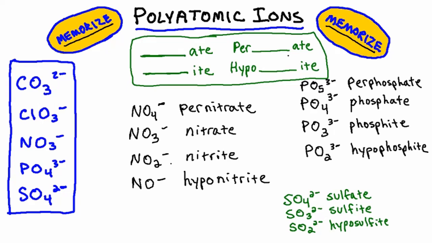Or what if we wanted to add an oxygen to that sulfate and make it SO5 and keep the 2 negative charge? That would be persulfate. Okay? So there's a pattern there, and so all you have to do is memorize the ate version of these polyatomic ions, and then by adding or subtracting oxygens to it, you can figure out what other forms these come in and what they're called.